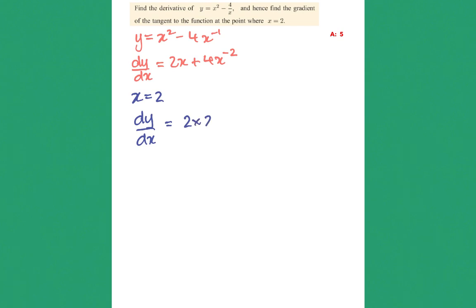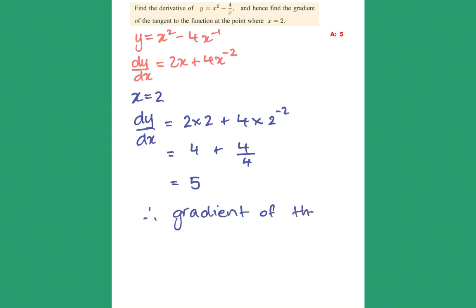Now at x equals 2, we need to know what happens at dy dx. So we substitute x equals 2 into that equation. And we end up with 5. And that tells us that the gradient of the tangent at the point where x equals 2 is 5.